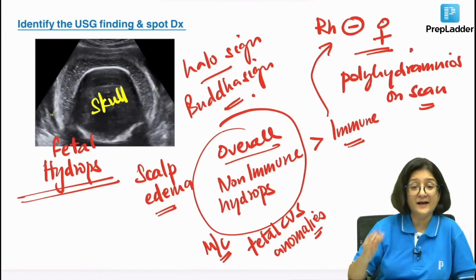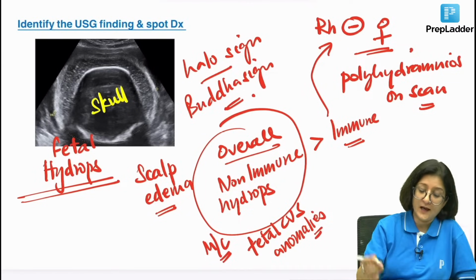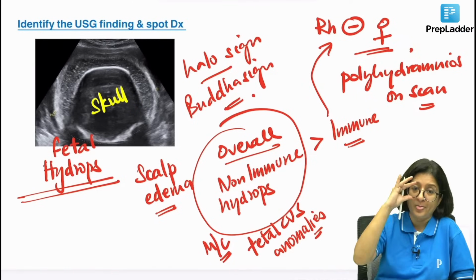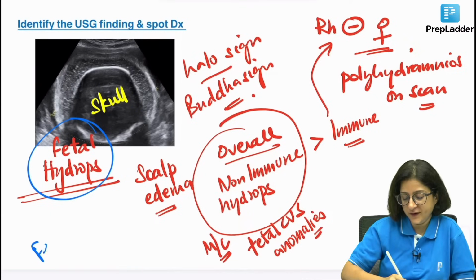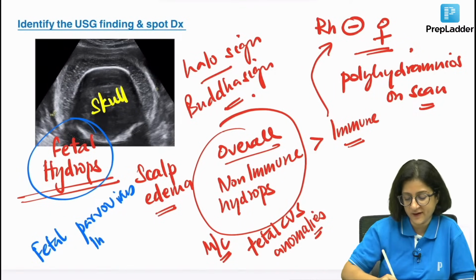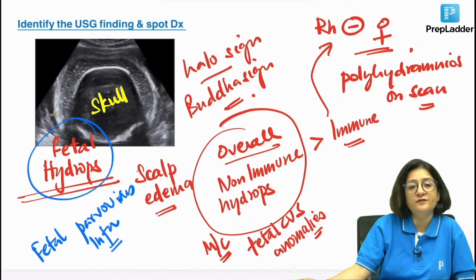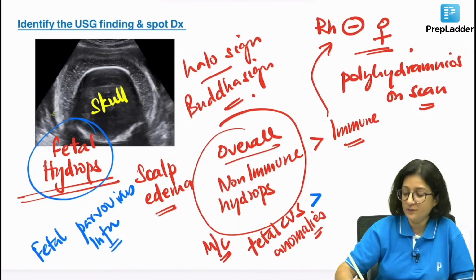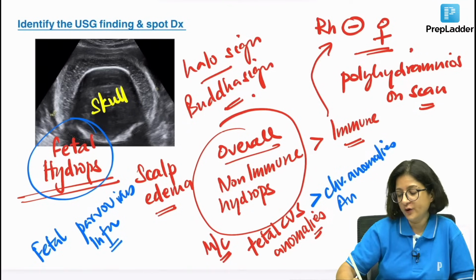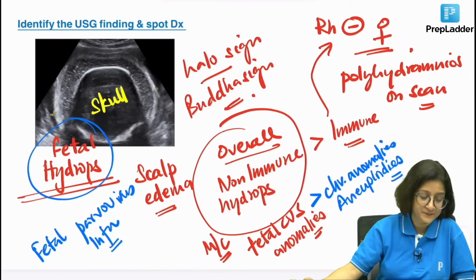Okay. And again, one often repeated question: one fetal infection which is associated with fetal hydrops and fetal anemia is fetal parvovirus. Very good. Fetal parvovirus infection. Other causes of hydrops: most common, I told you, fetal CVS anomalies. Second most common, chromosomal abnormalities, aneuploidies. Right?